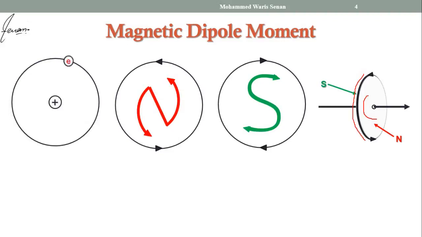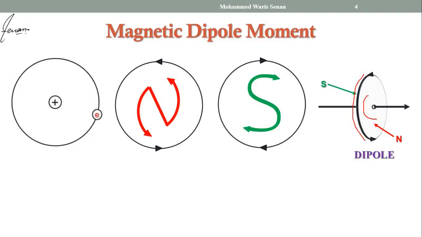It means a loop of current will not only behave as a single north or south pole, but it will behave as a dipole. It consists of a north pole and a south pole. It means if this is a north pole towards you, then the south pole will be at the back of this face.